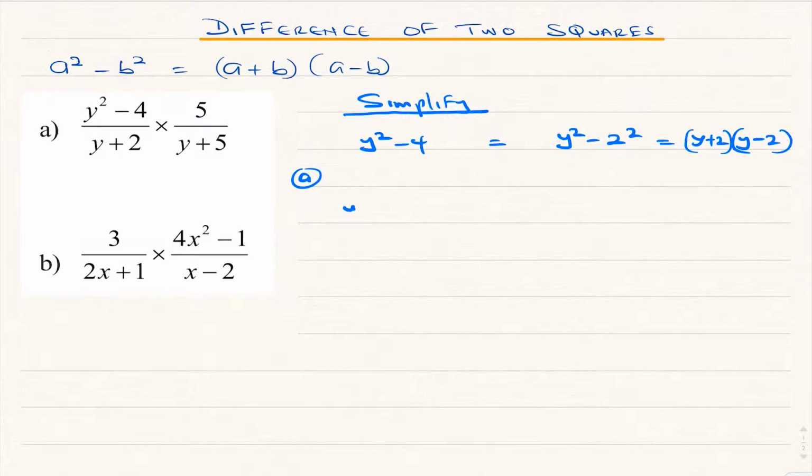So we get y squared minus 4 over y plus 2 times 5 over y plus 5.